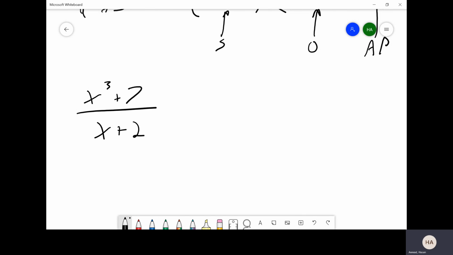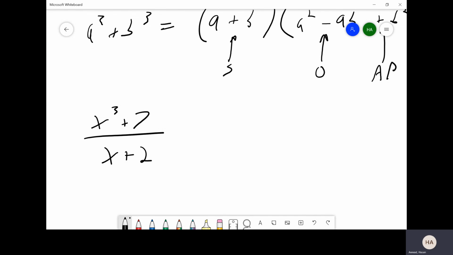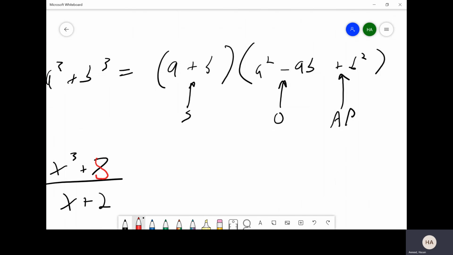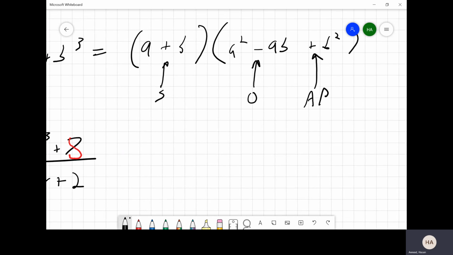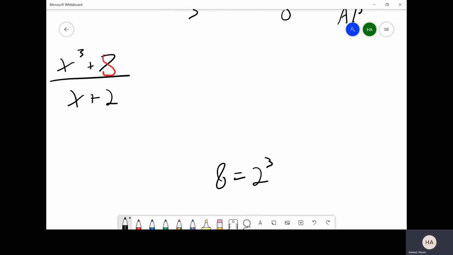We need to ask ourselves, what is this x plus 2 going to factor with, right? So we say to ourselves, what if instead of a 7, this were an 8? Just hypothetically, let's pretend that this was x cubed plus 8. Well, if we factored x cubed plus 8 according to our blueprint above, 8 is the same thing as 2 cubed, right?